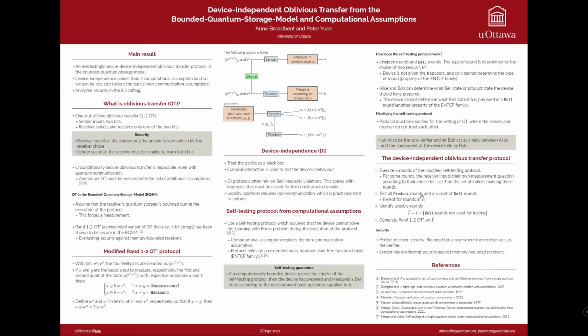And then once that's done, assuming that the device has passed the checks of the self-testing protocol and not aborted, we can identify what rounds are usable, which are all the rounds where Bell states were created and the rounds where the receiver measured according to their own choice bit. And then the rest of the protocol is essentially the same as over here.